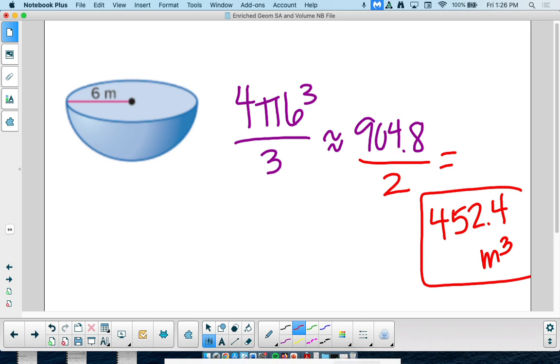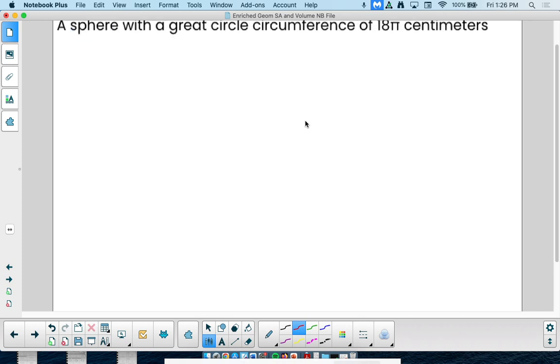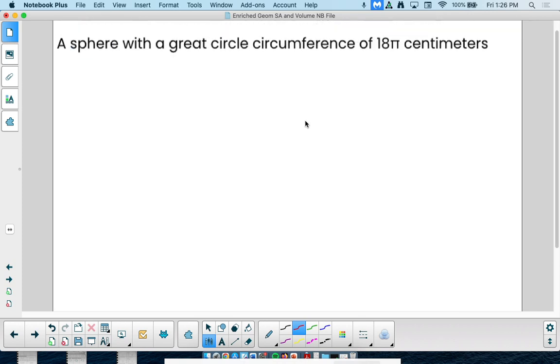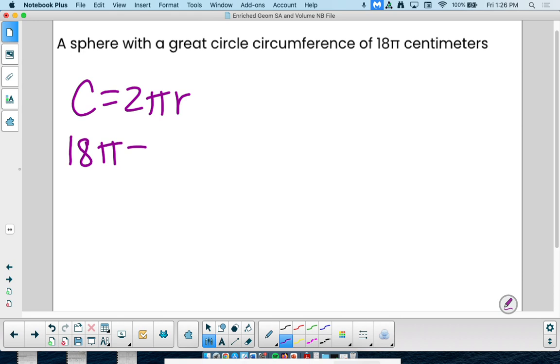452. Okay, 2 left. We're gonna work backwards. We have a sphere with a great circle circumference of 18 pi centimeters. Gotta find our radius. Nine. Yes.